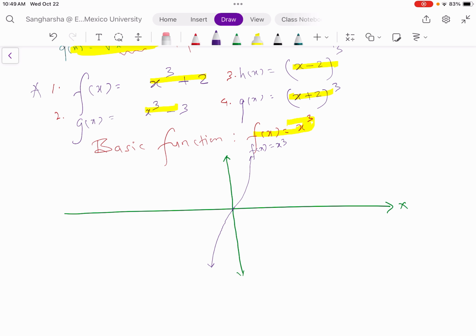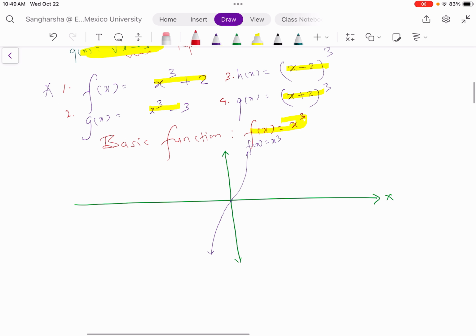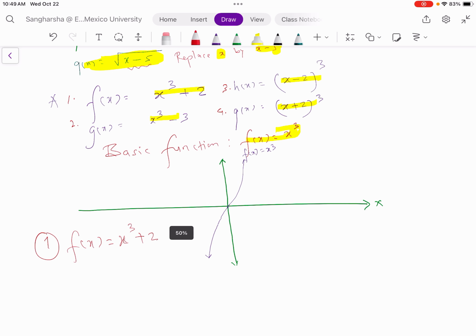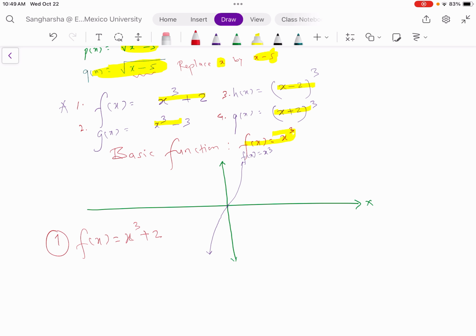Now in number 1, let's see what we are asked. In number 1, we are asked to graph f of x equals x cube plus 2. You compare with the basic function. So you have x cube.